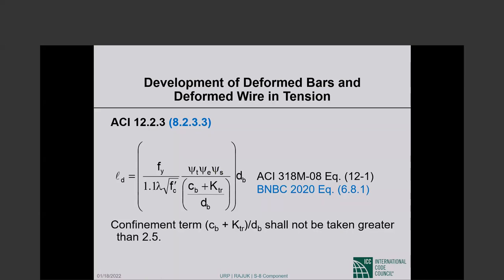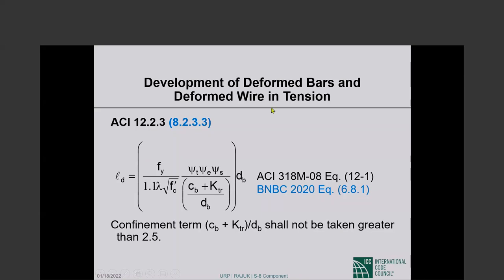So that is the bar size factor, and we will look at what all those factors are. And then there is a term that deals with transverse reinforcement, confining reinforcement. The development length may be confined by transverse reinforcement, and that's what this term is about.